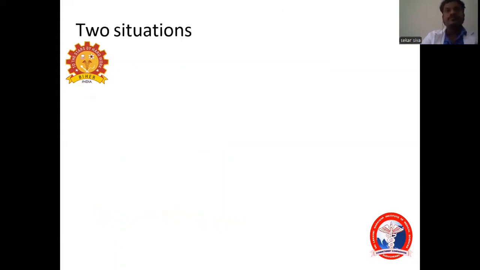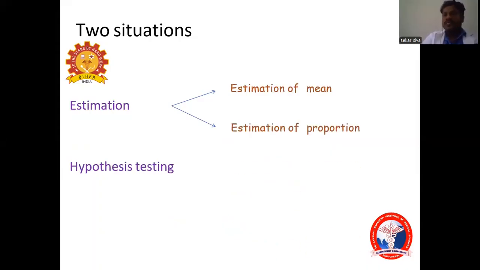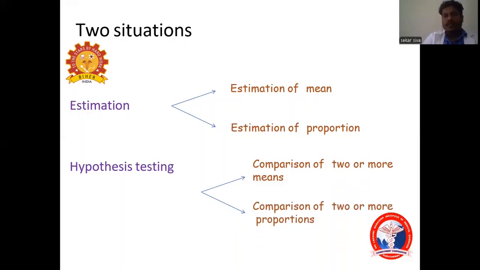And what are the two situations in sample size calculations? One is hypothesis testing and the other is estimation. What are we going to estimate? Estimation of mean or estimation of proportion. In hypothesis testing, that is comparison of two means, two or more means, and comparison of two or more proportions.